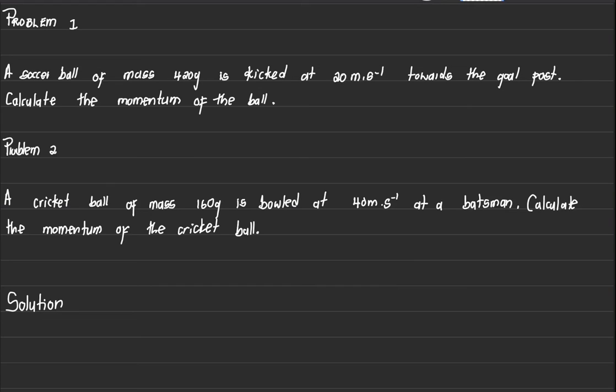So for example, a soccer ball of mass 420 grams, you write what you are given. We are given the mass, so the mass is 420 grams. Is kicked at 20 meters per second towards the goal post. So we are also given the velocity, which is equal to 20 meters per second.